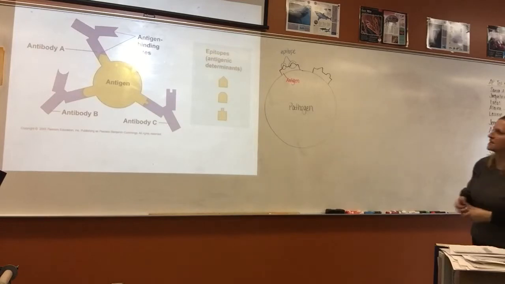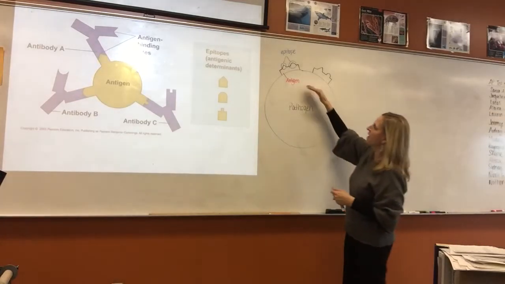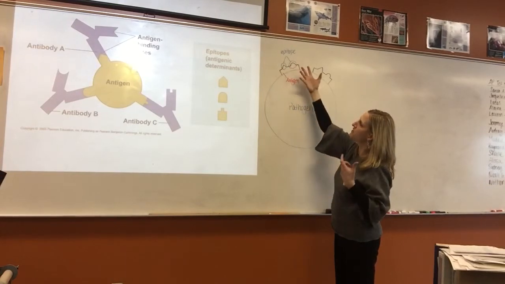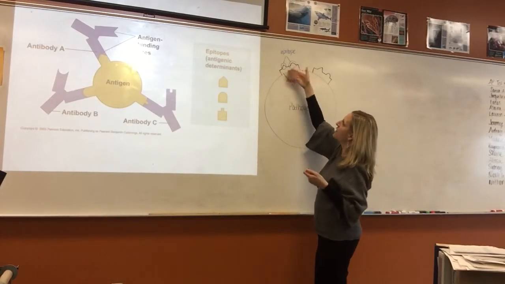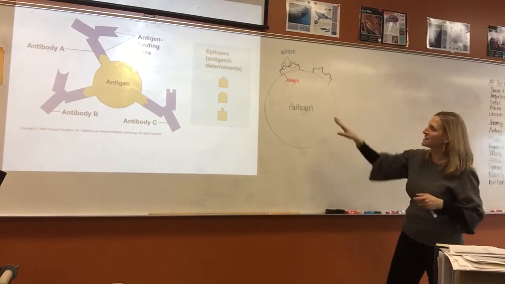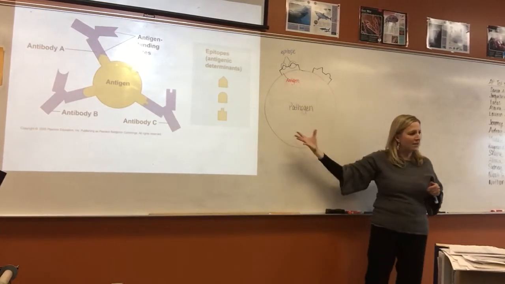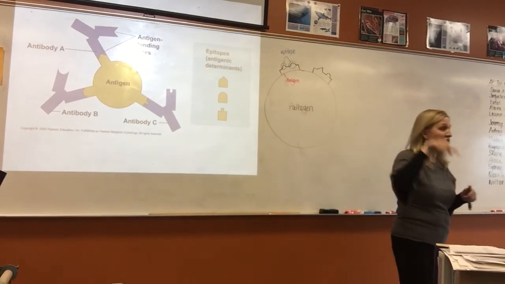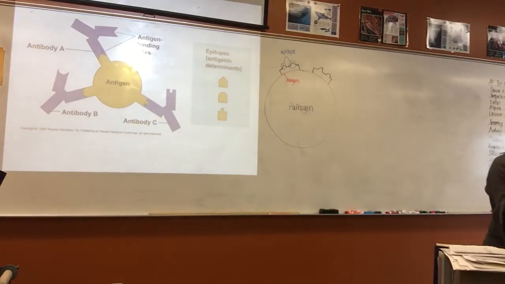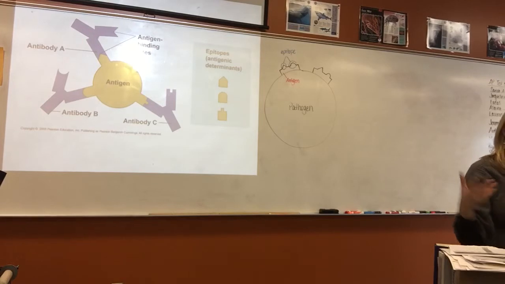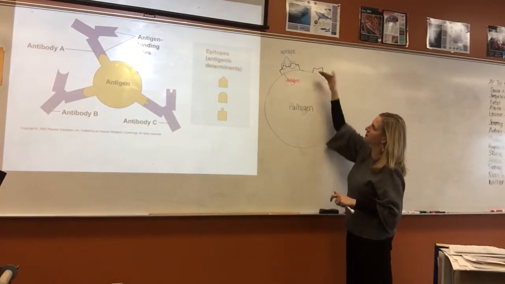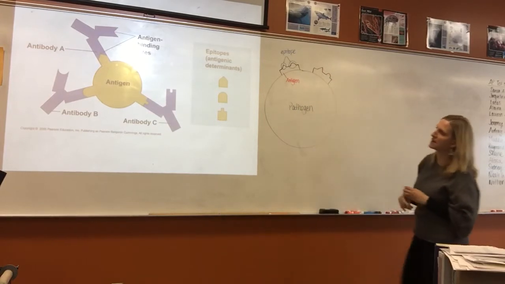So these pathogens have these antigens with these different shaped parts of the molecule called the epitope. When a pathogen comes into your body, these shapes are different than the shapes that are on your cells. That's one way that your body recognizes this pathogen as being foreign: the molecules on the surface, these antigens that have these binding sites.